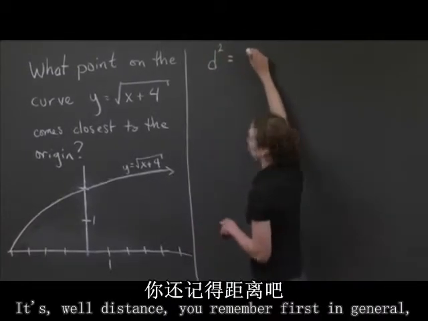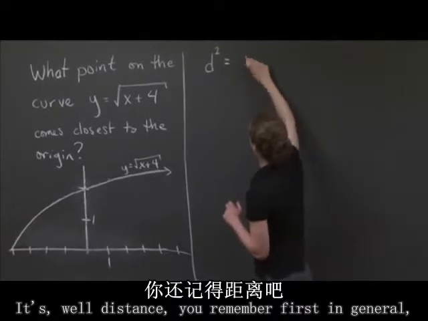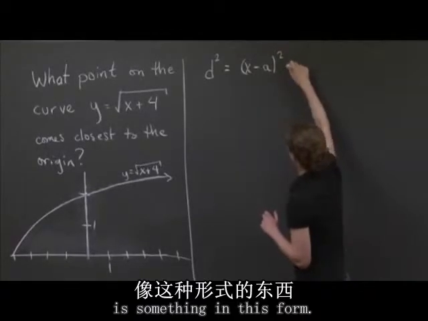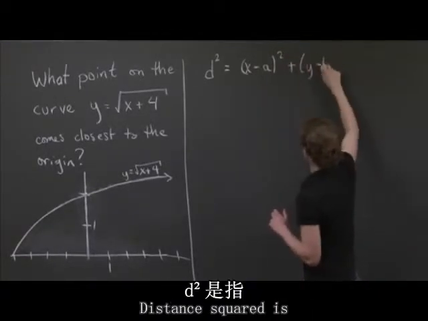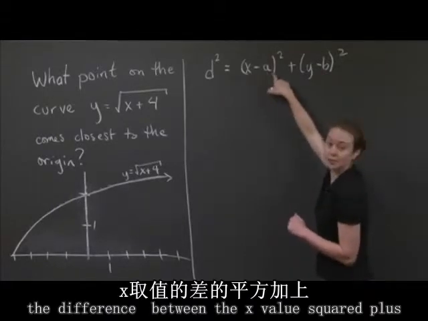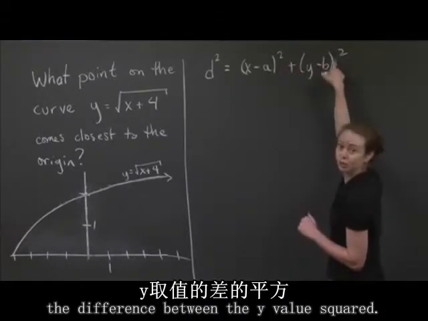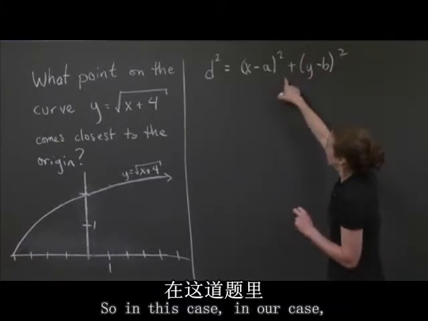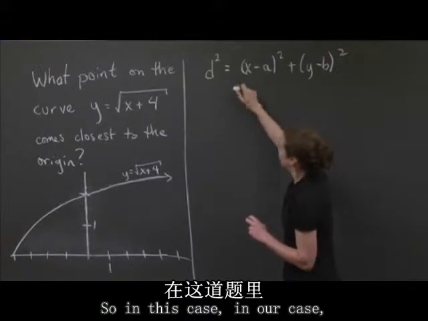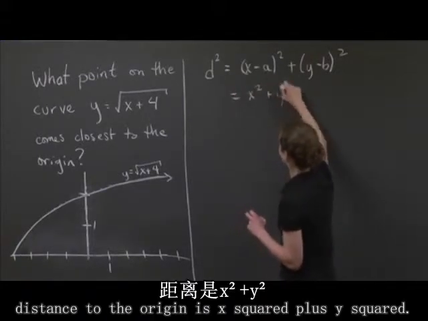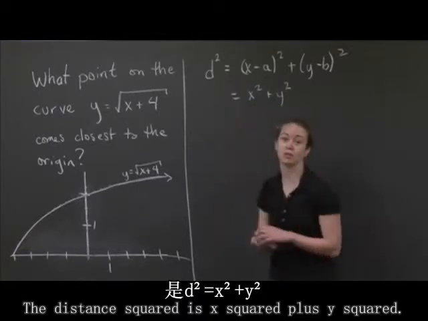Remember, the distance squared between two points x, y and a, b is the difference between the x values squared plus the difference between the y values squared. This should remind you of the Pythagorean theorem. In our case, distance squared to the origin is x squared plus y squared.